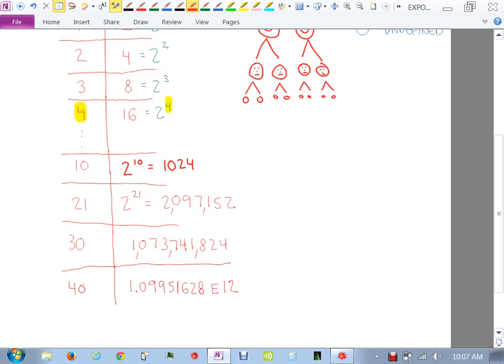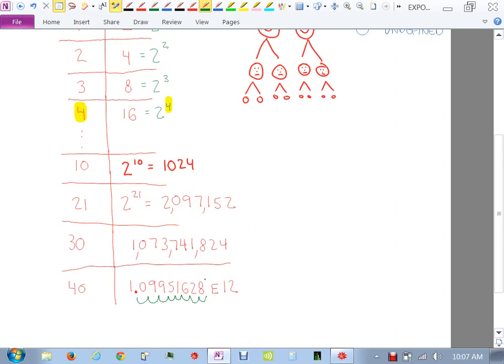Times 10 to the 12 means the same thing. What E means is: take your decimal point and move it 12 places to the right. If you move it 12 places to the right, that's the number.